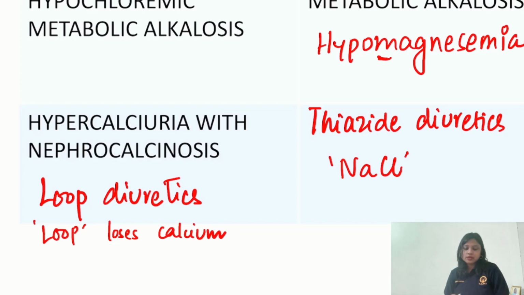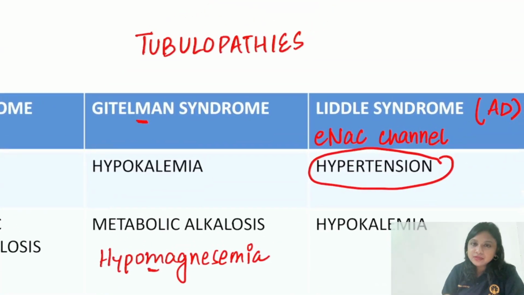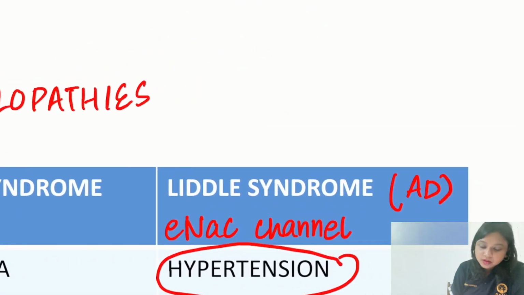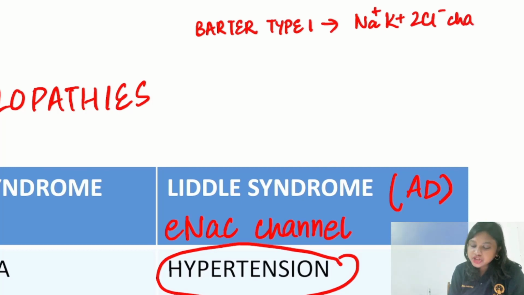Now we have got various subtypes of Bartter. You may not know everything, but at least a few you should know. Bartter syndrome type 1 is basically a defect of the 1 sodium, 1 potassium and 2 chloride channel.